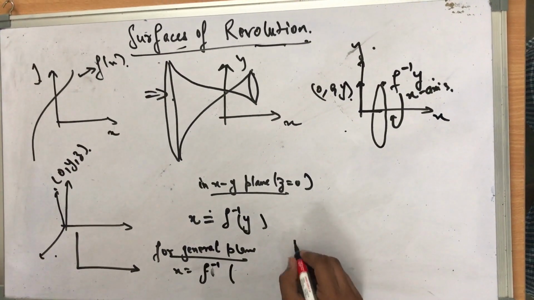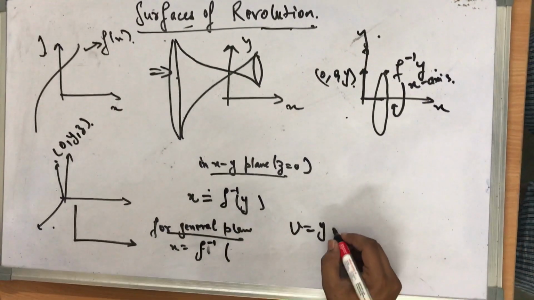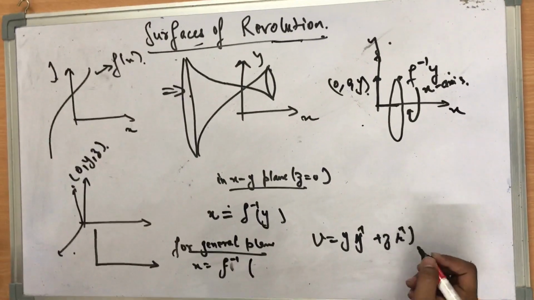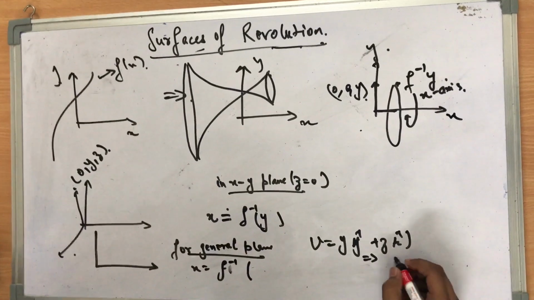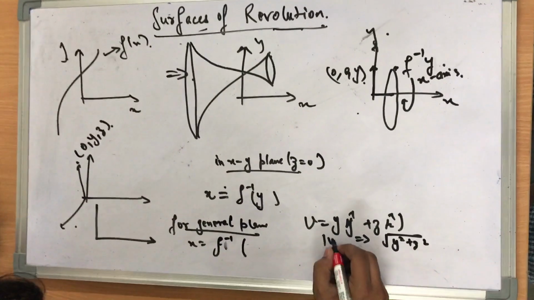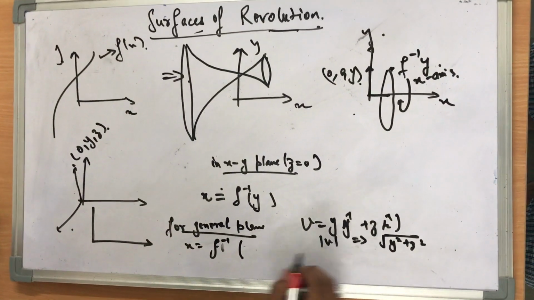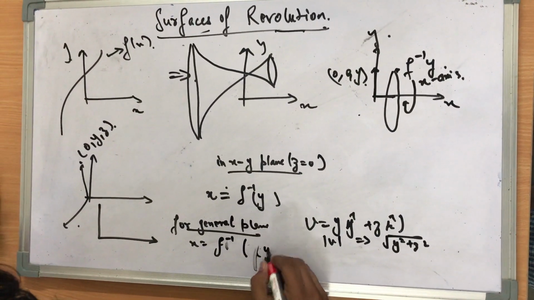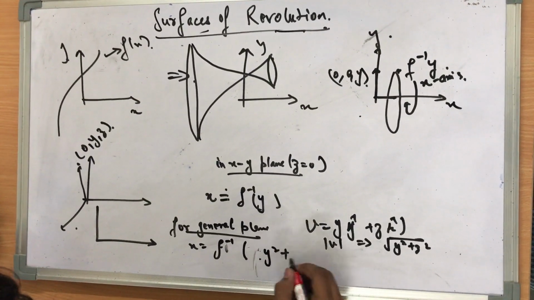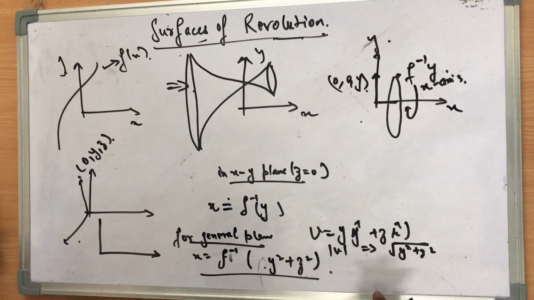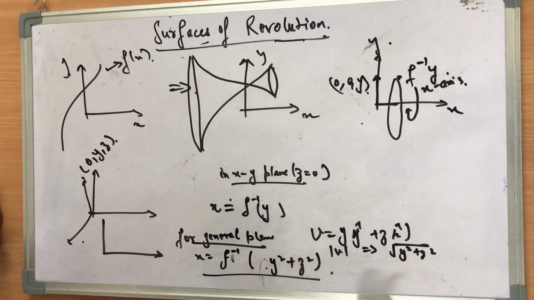So let's say this vector is y j cap plus z k cap. So mod of this vector will be root of y square plus z square. This is mod v. So x equals f inverse of mod v, which is root of y square plus z square. So this is the equation for rotating each curve about the x-axis.